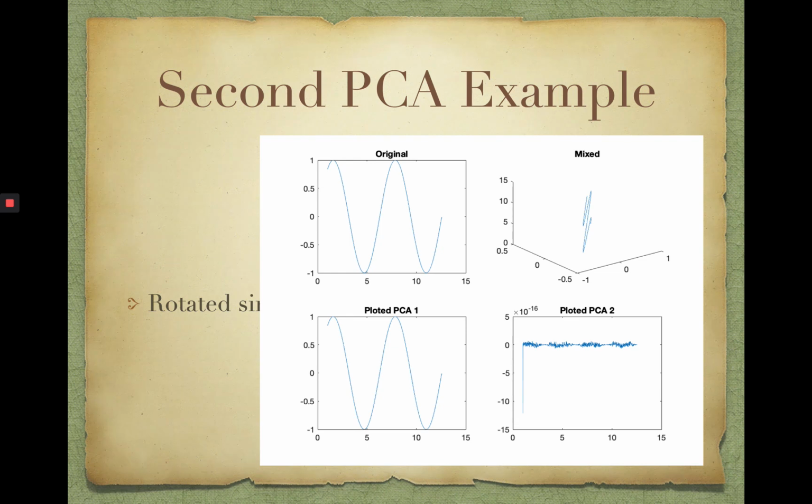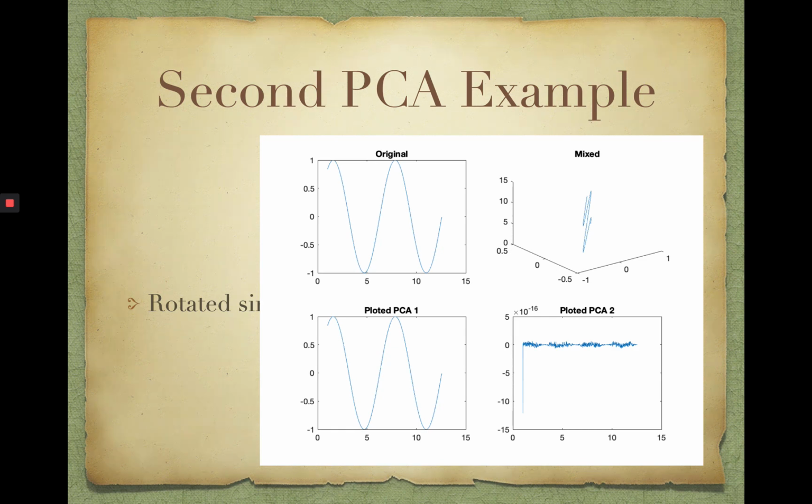Well, I want to find what direction the signal varies the most. So the first one will say, what gives me the maximum variance, the most amount of the signal going in its direction. And I want the other direction to have the least amount of the signal's information in it. So this is a PCA problem.